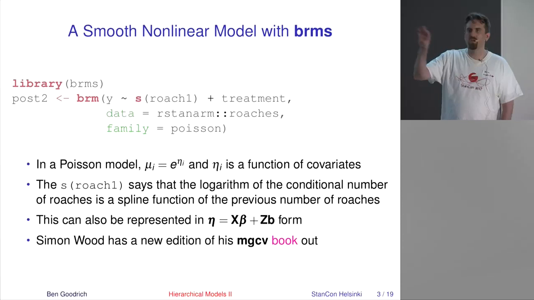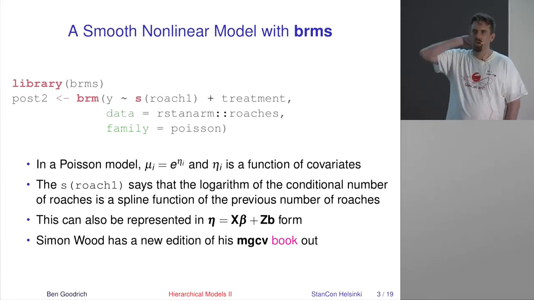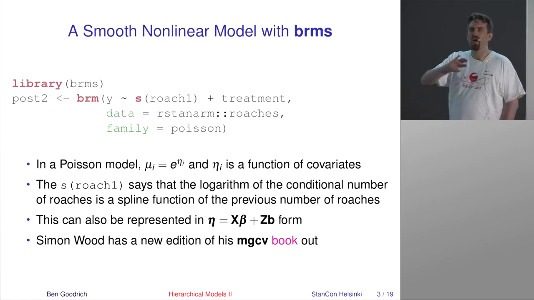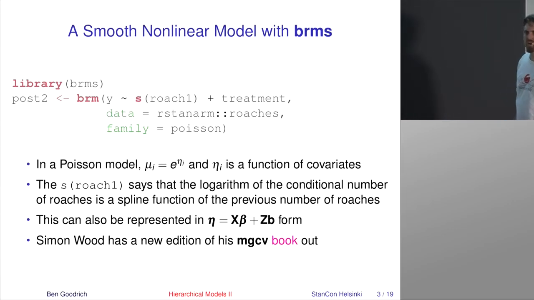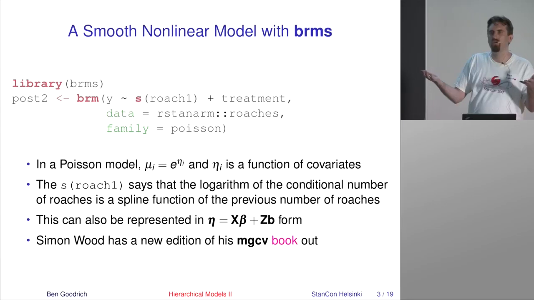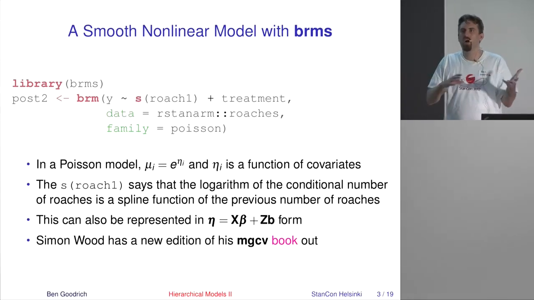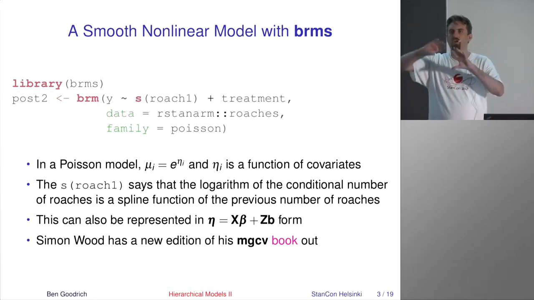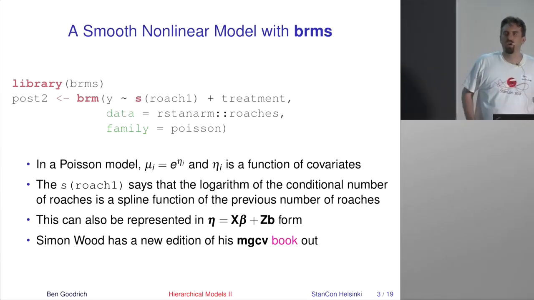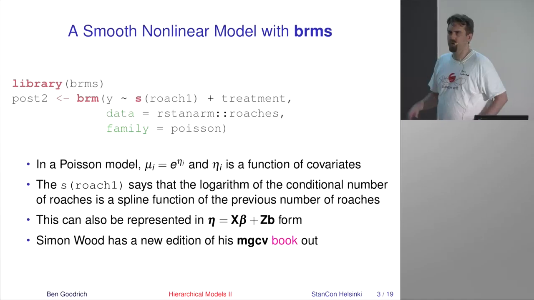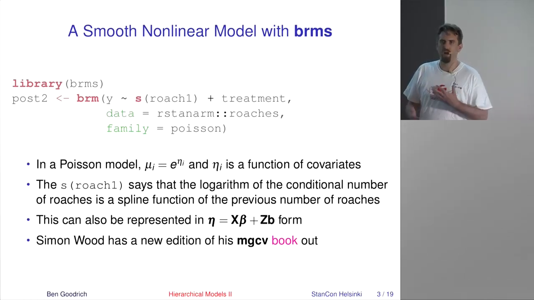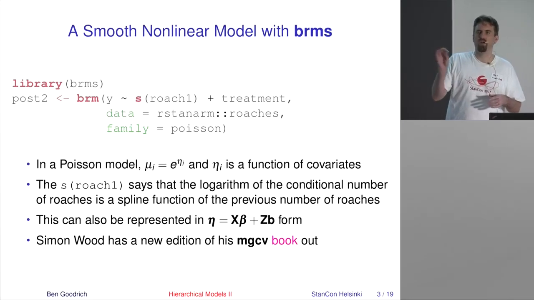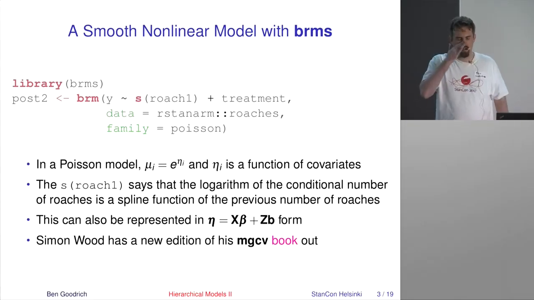We will make that spline function. We'll represent it with knots and a bunch of basis functions, and then linearly combine those together to form this additive but nonlinear function of the previous number of roaches. And we want to estimate how much curvature there is to this function, which can all be captured by hierarchical modeling, the standard deviation from one coefficient to the next.